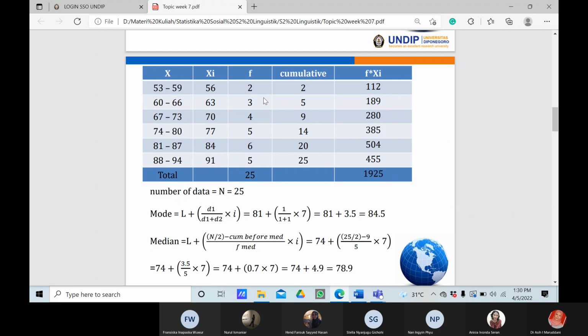Okay. Then of course the number of data, or n, will be 25. This is the sum of the frequency.